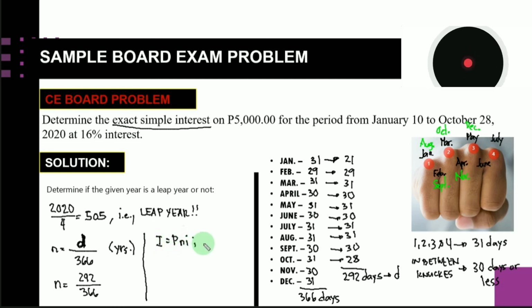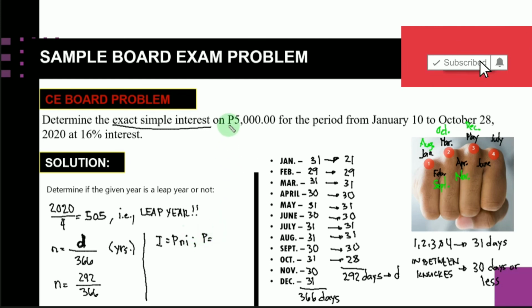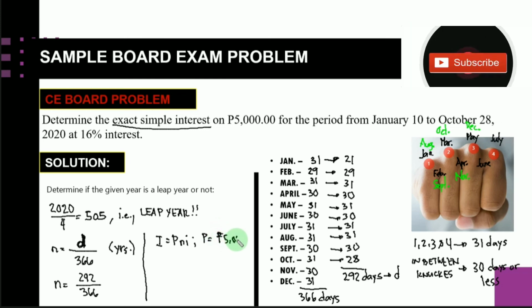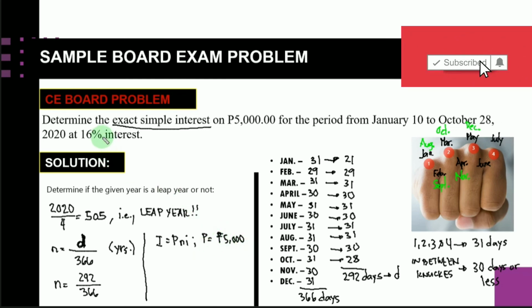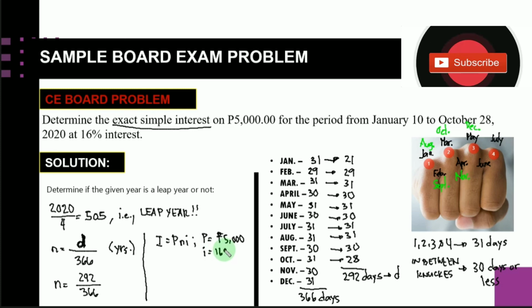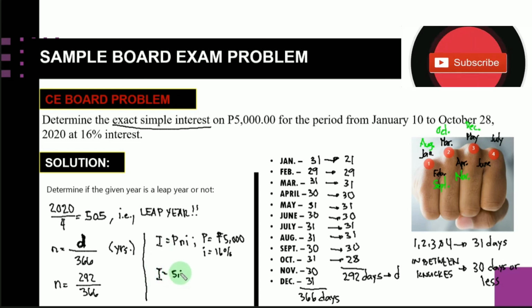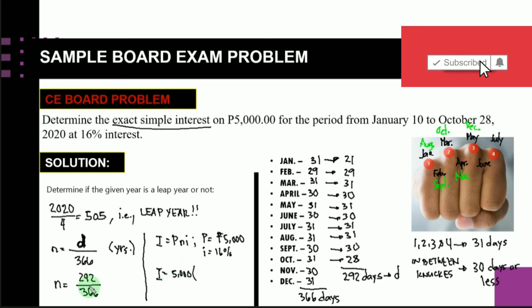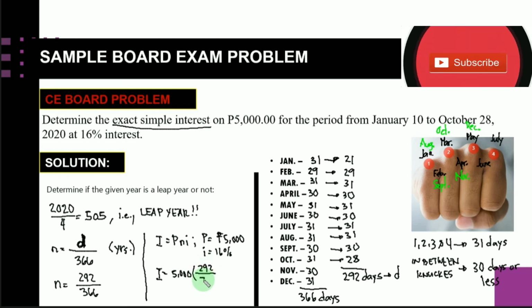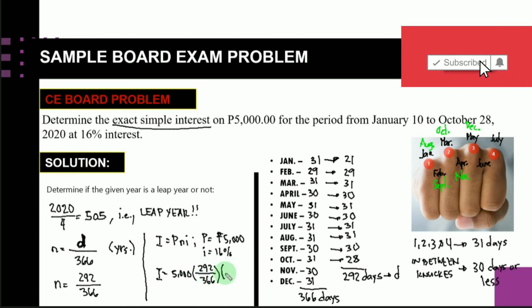Our P is already given, which is 5,000 pesos, and our i is also given, which is 16%. So to get the value of I, it is 5,000 times our n, which is 292 divided by 366, times i, which is 0.16 in decimal.